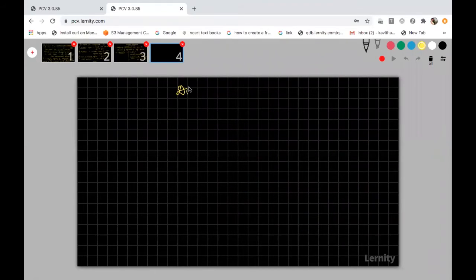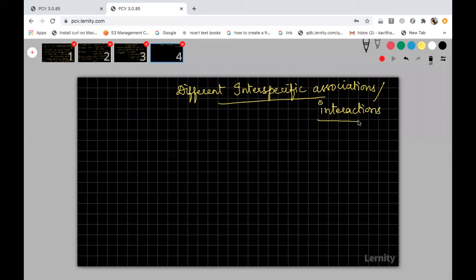The different interspecific associations can be represented by symbols. These associations can also be called interactions. The different interspecific associations or interactions can be indicated as plus, minus, zero.